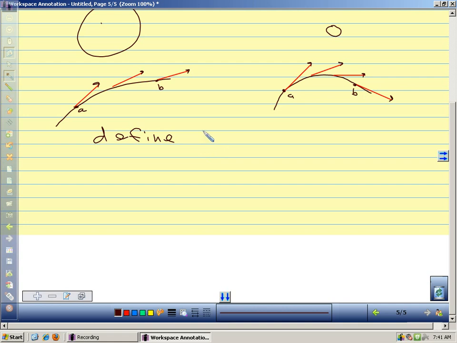So we're going to define the curvature. And we call curvature K the magnitude of the rate of change of the unit tangent vector with respect to the arc length.